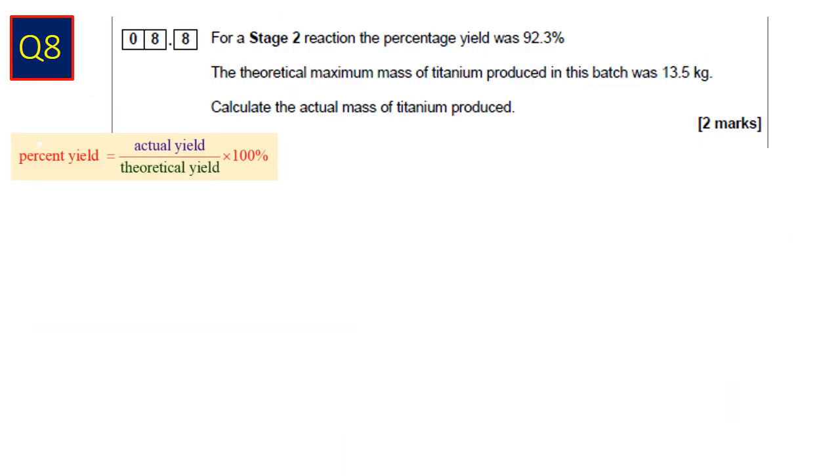So, in the stage 2 reaction, the percentage yield was 92.3%. The theoretical maximum mass of titanium produced in this batch was 13.5 kilograms. So you need to calculate the actual mass of titanium produced. We have the formula: percentage yield equals actual yield divided by theoretical yield times 100. So, what you got over what you should have got, times 100.